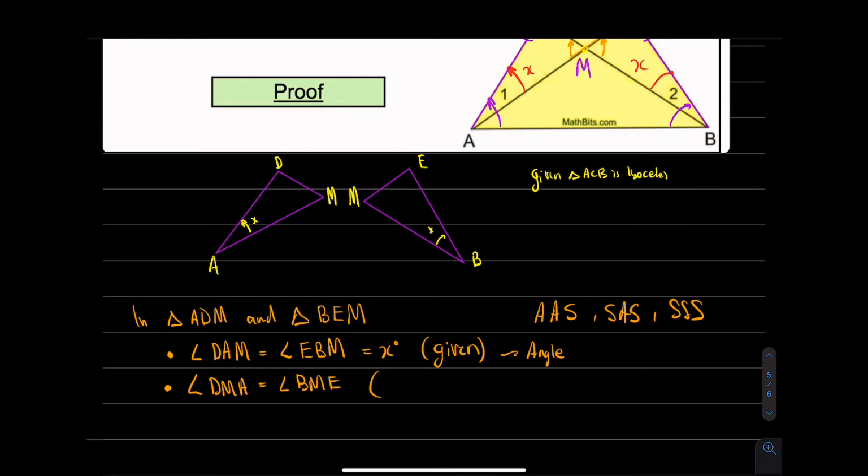And the reason is because they are vertically opposite angles. Vertically opposite angles are equal. This is the reason we give. Cool. You don't have to give too much of a reason. That's good enough. Cool. And so now we've proved two angles are equal.